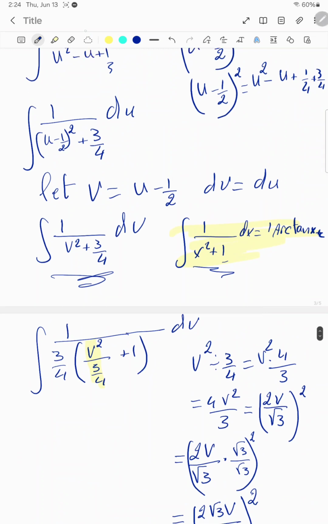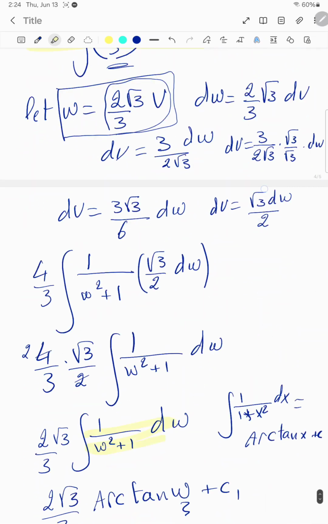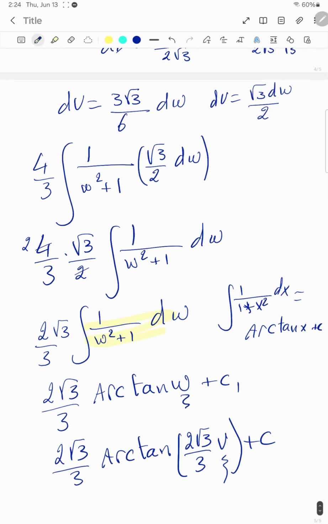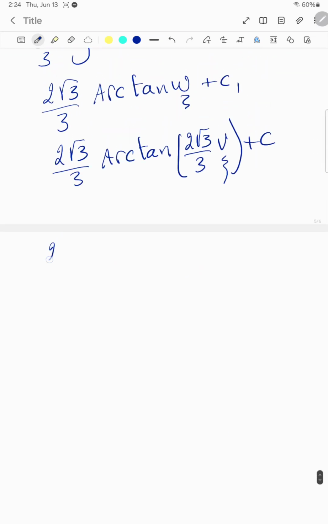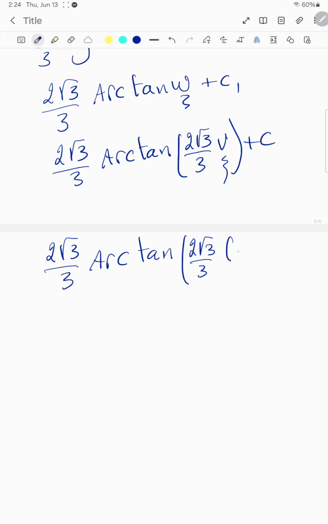And v is equal to u minus 1/2. So it becomes 2 square root of 3 divided by 3 arctan of 2 square root of 3 divided by 3, instead of v, I can write u minus 1/2, plus c.